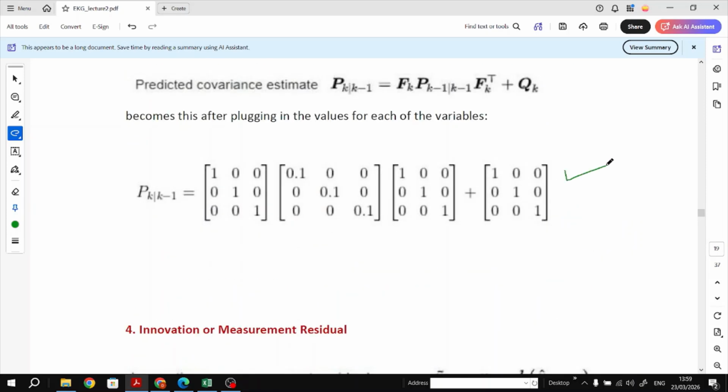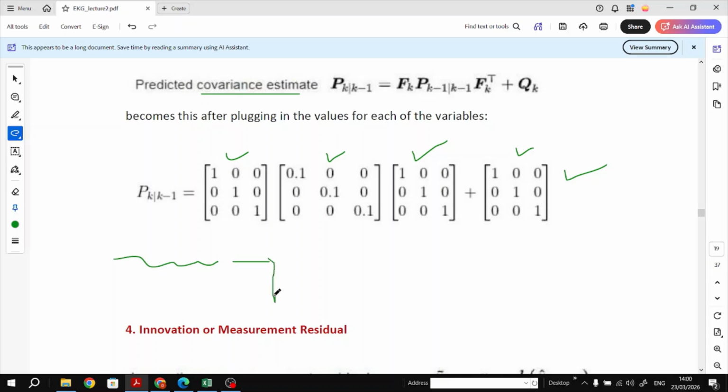So you predict your state covariance matrix using this formula, and we can plug in some numbers: this is the initial state covariance matrix, this is the system Jacobian matrix, the transpose of the system Jacobian matrix, and then this is the process noise matrix. And our prediction step ends here, right?